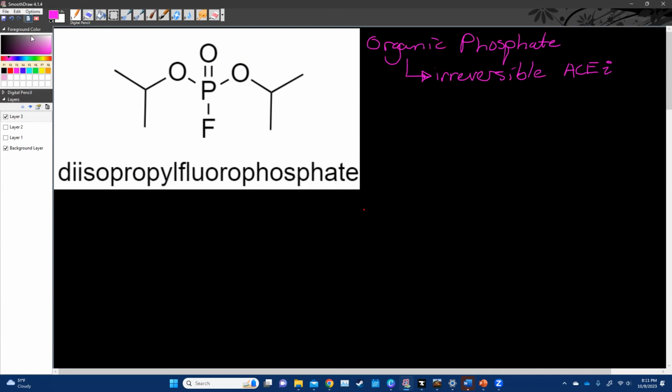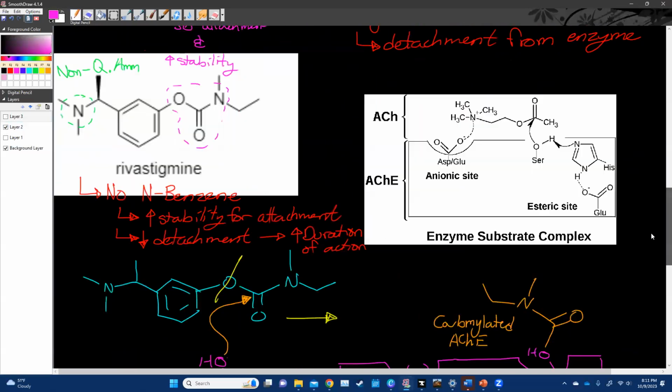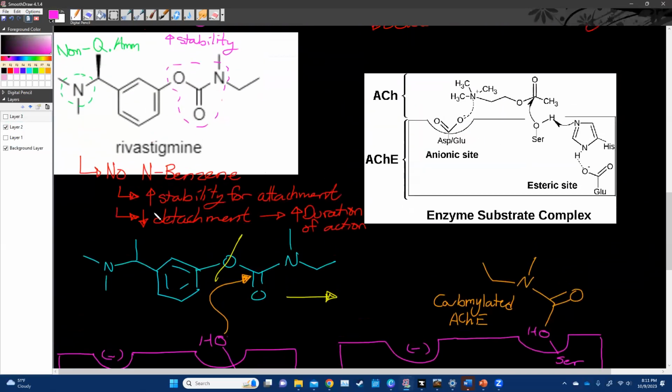Good question. So what is going on here is that not having that nitrogen benzene connection increases stability for attachment. So we're increasing attachment at the same time we're decreasing detachment.